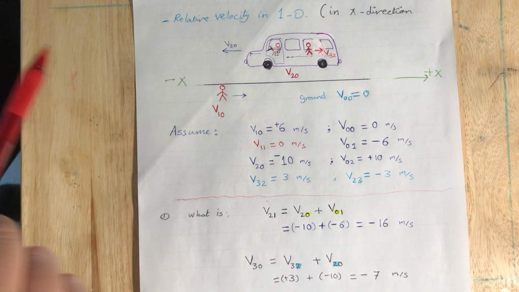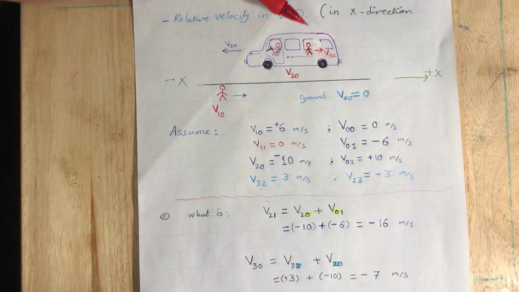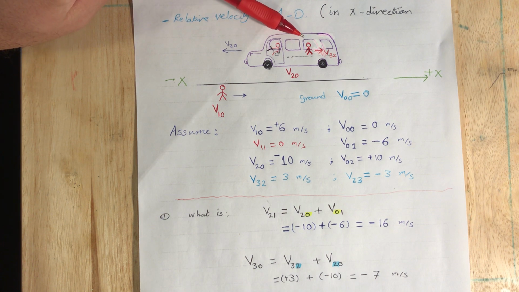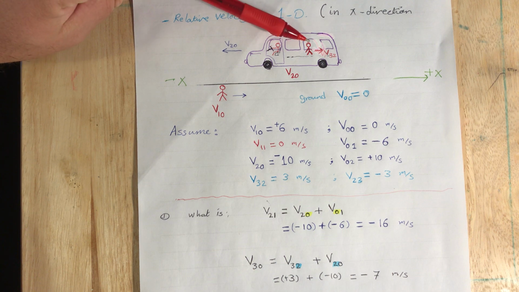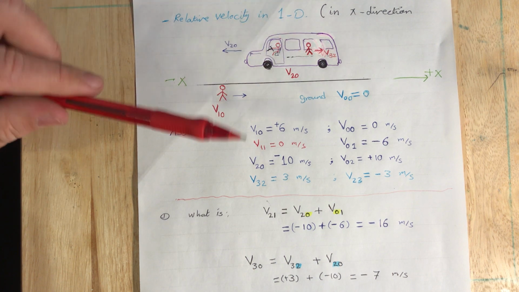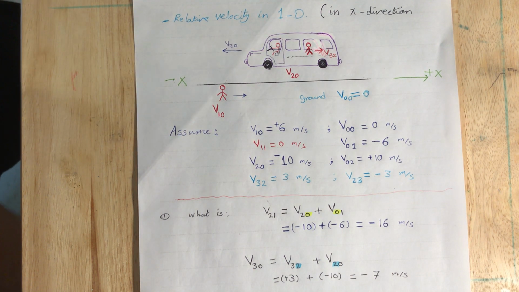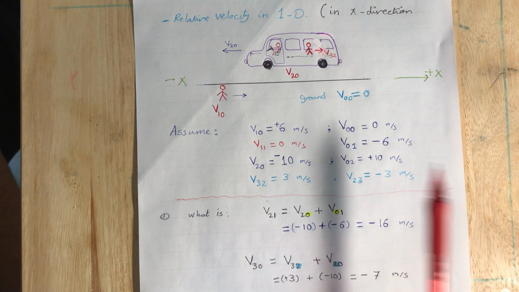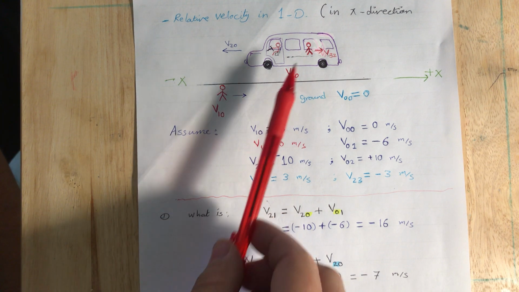Now if we have a person moving inside the bus, walking, for example, in the positive x direction. This person is named 3. Its velocity is v3. But his velocity with respect to the bus is v32. He is moving now inside the bus with velocity positive 3 with respect to the bus.